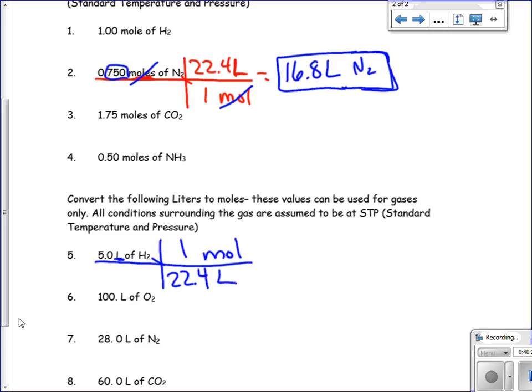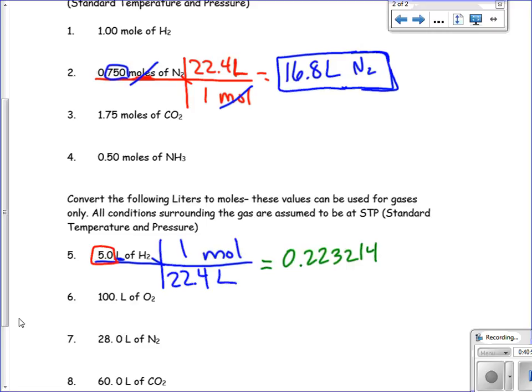Now basically you multiply the top by 1 and divide by 22.4. In this case, we would get 5.0 times 1 divided by 22.4. So we get a calculator answer of 0.223214, blah, blah, blah. Now, how many digits do I get to keep?